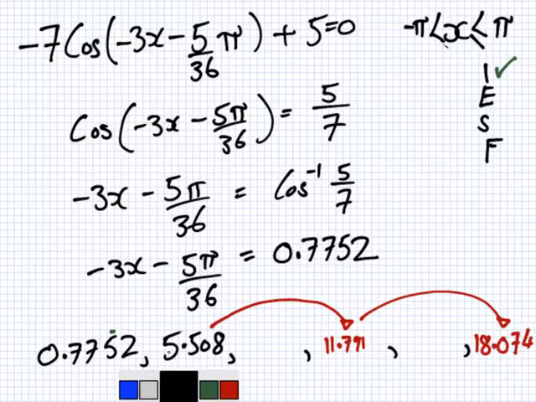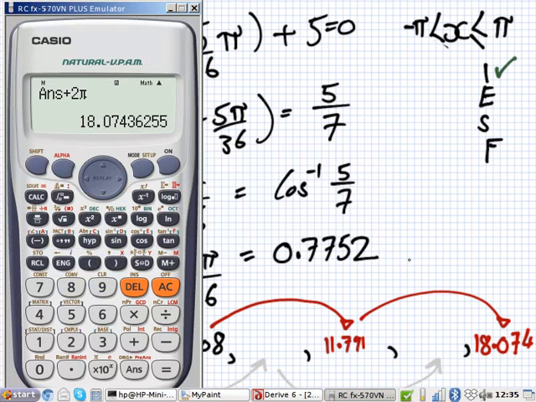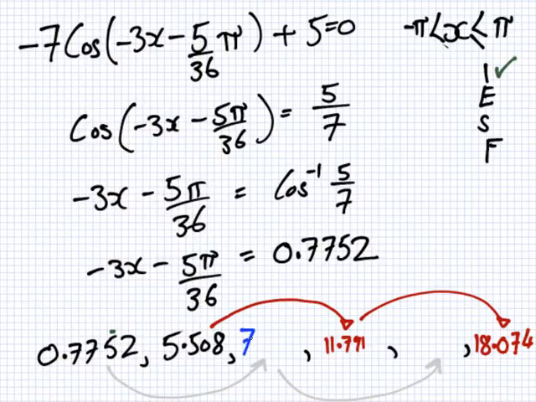Now, if I take my first answer and add 2 pi, I get one more, and if I do that again, I get another one. So the next one here would be 0.7752 plus 2 pi equals 7.058. Why 2 pi?